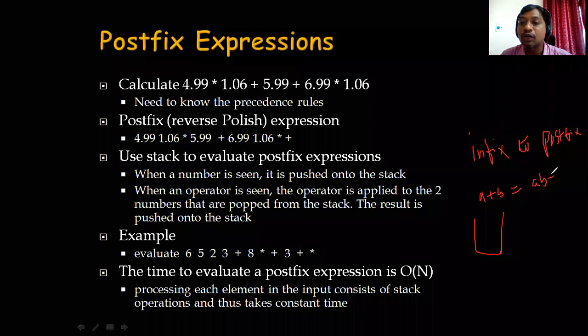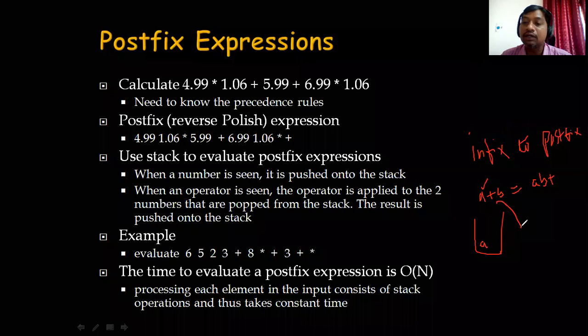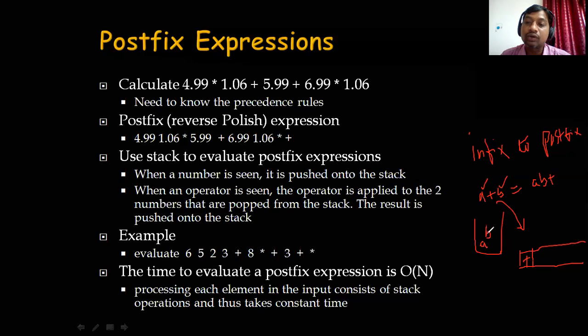So how to obtain this? It's pretty simple. As and when you see an operand, push it onto the stack. Whenever you see an operator in the input, copy that operator into the output array.